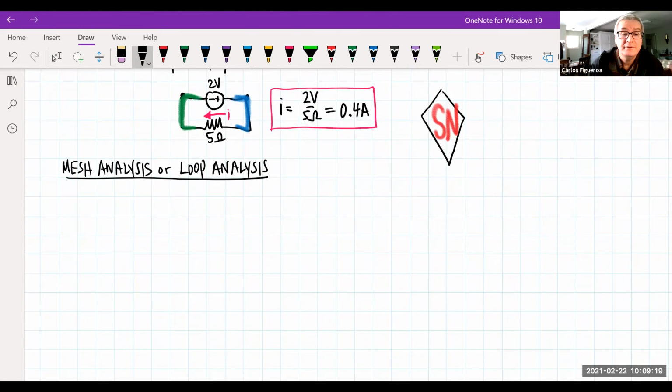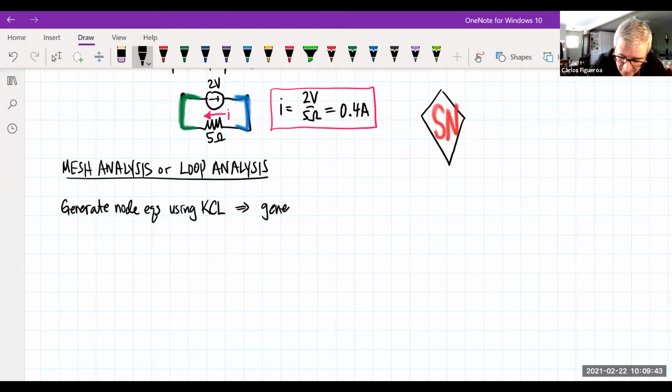So what we want to do here is, what did we do here? What we did here is that we generated node equations using KCL. What are we going to do now? We're going to generate mesh equations using KVL.